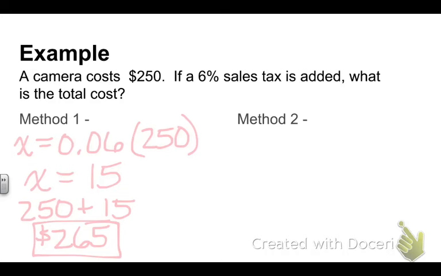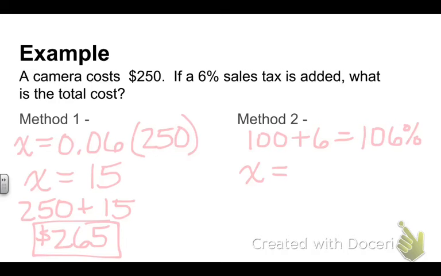Now, method two, a little bit different. You have to add the 6% to the original cost. Well, the original cost is 100%, so if you just take 100% and add it to the 6% sales tax, that's 106%. So now, if I find the total cost, change your percent to a decimal. Be careful with this.